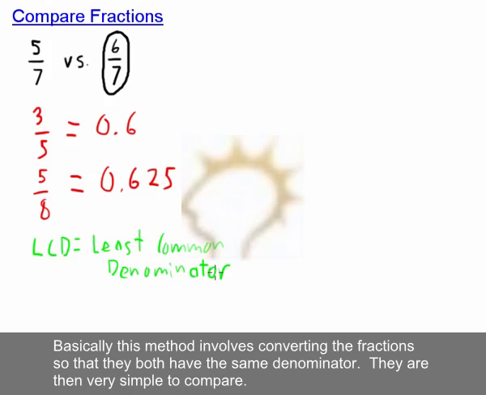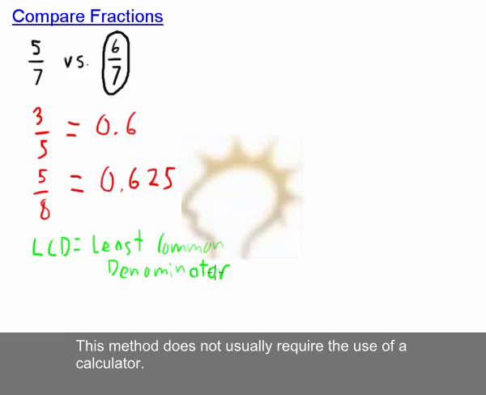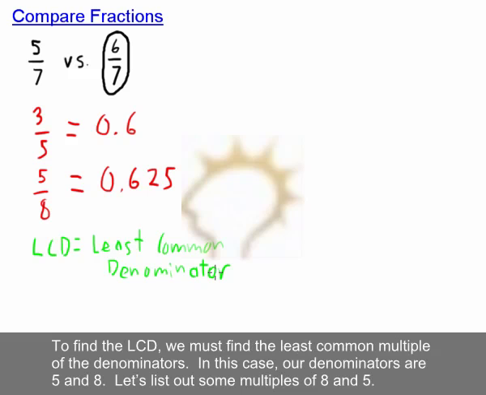Basically, this method involves converting the fractions so that they both have the same denominator. They are then very simple to compare. This method does not usually require the use of a calculator. To find the LCD, we must find the least common multiple of the denominators. In this case, our denominators are 5 and 8.